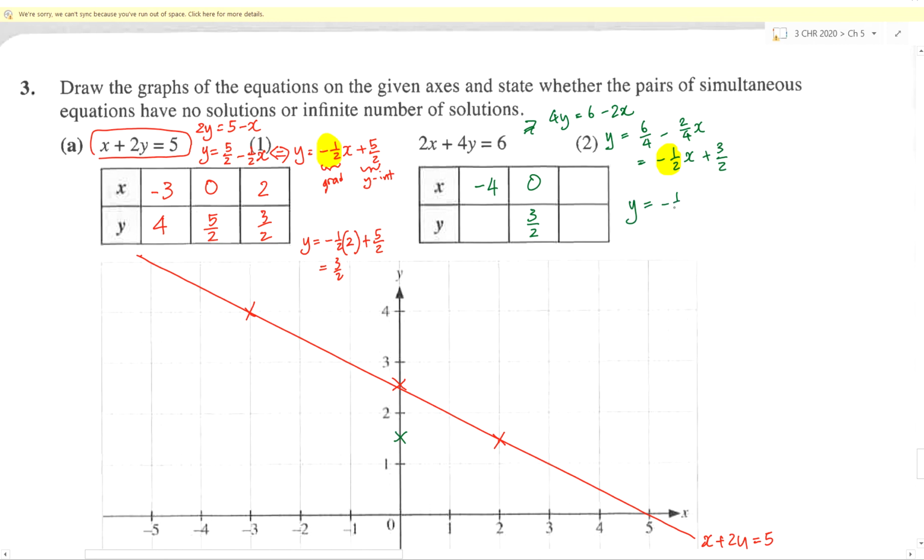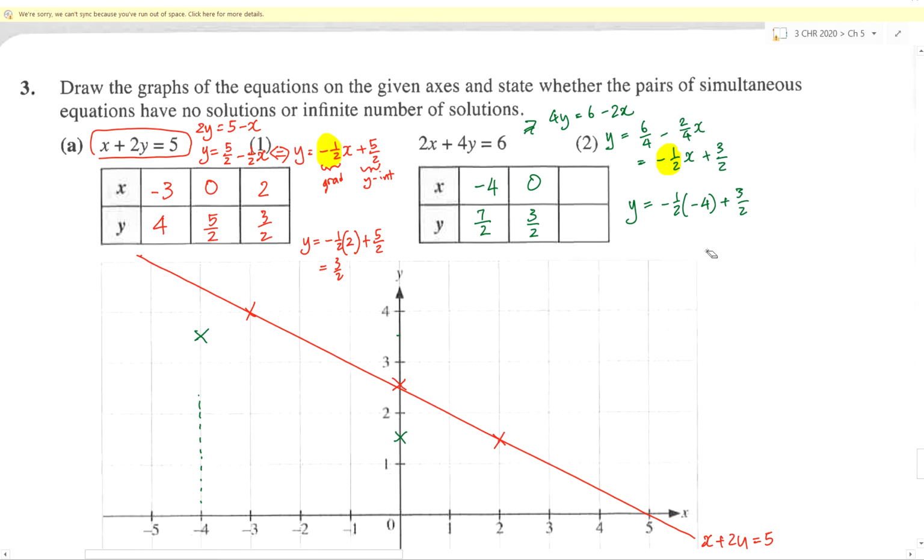Y will be equal to negative half multiplied by negative 4 plus 3 over 2. Negative 4 divided by negative 2 is simply 2. So 2 plus 1.5, we get 3.5. So when x is equal to negative 4, that's our y value, 3.5, which is equivalent to 7 over 2.